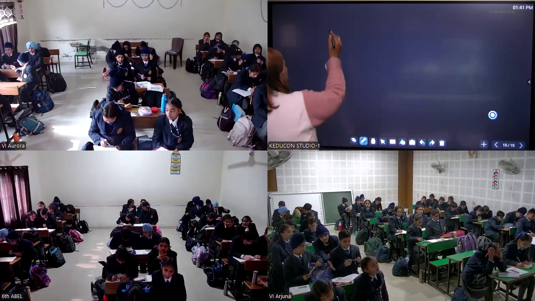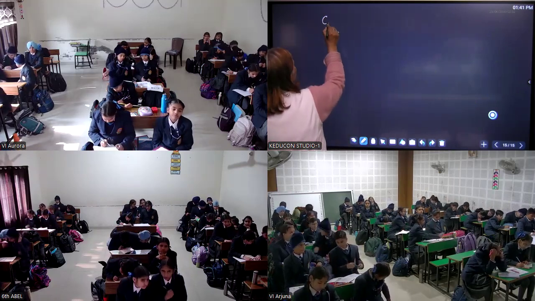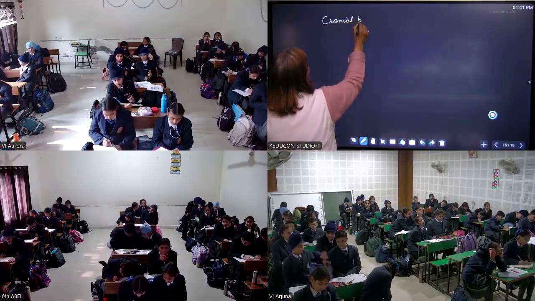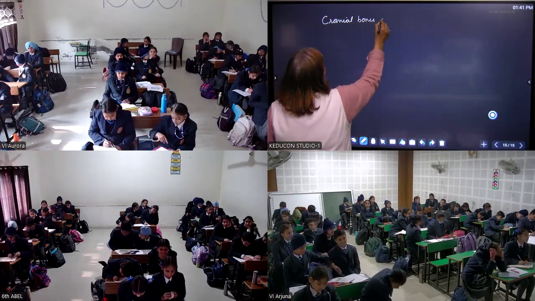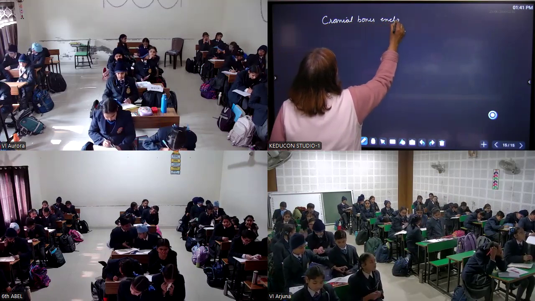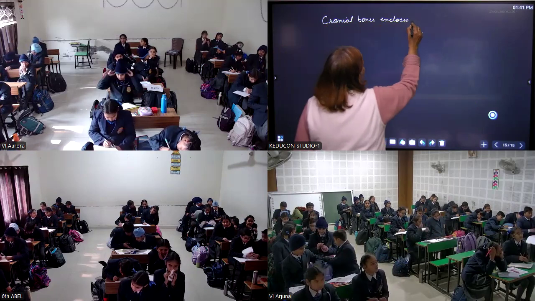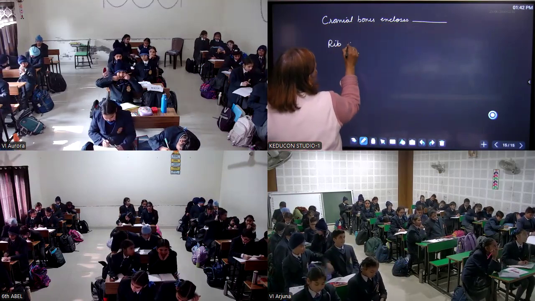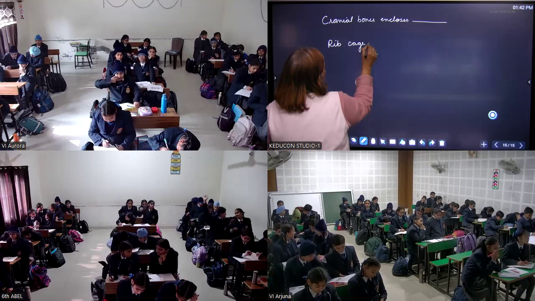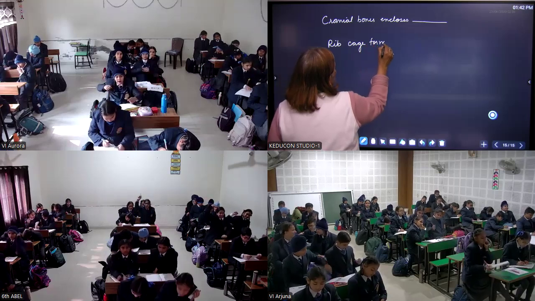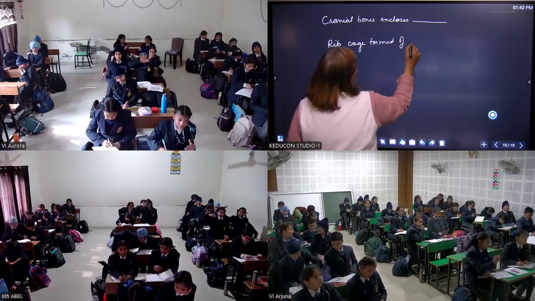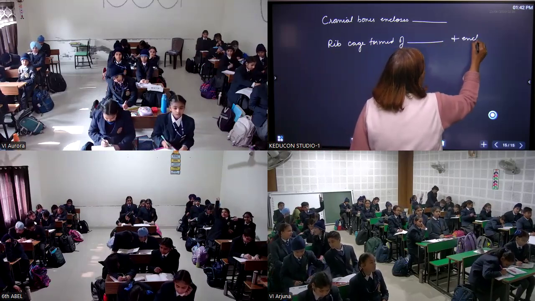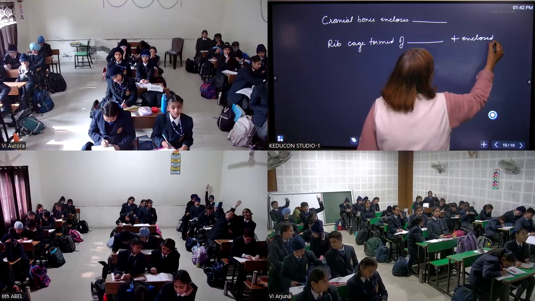Next question है cranium या क्रेनियल बोन्स encloses dash. Rib cage formed of dash bones बतानी है and encloses dash.